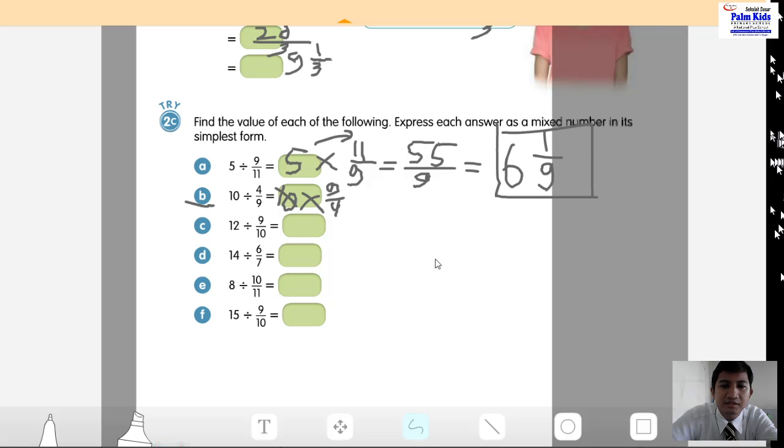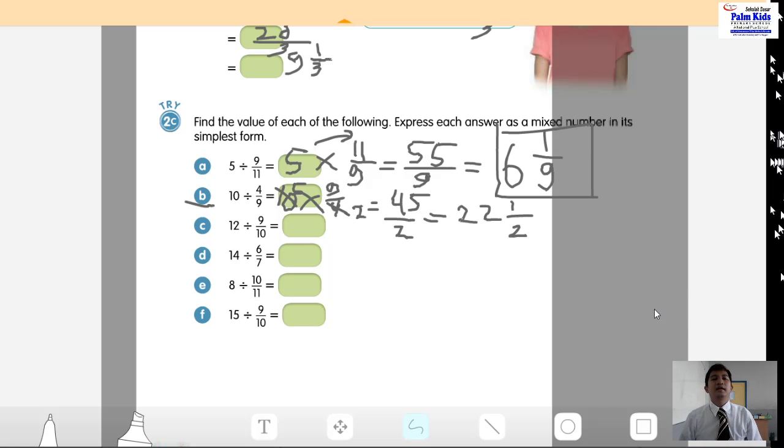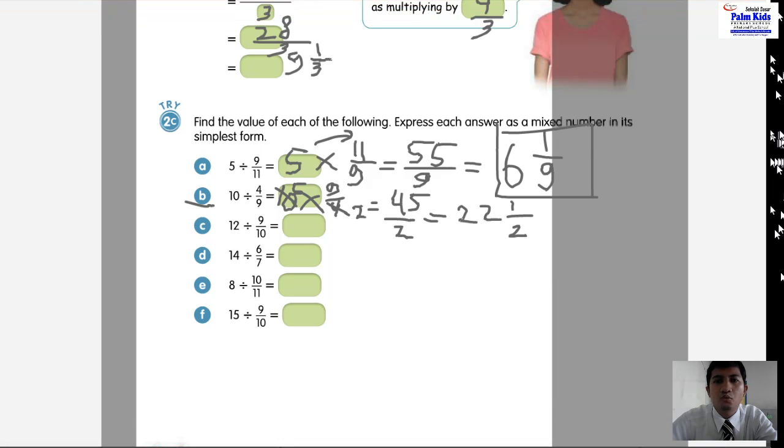Before we divide, we can simplify this by dividing by 2. 10 divided by 2 is 5, and 4 divided by 2 is 2. 5 multiplied by 9 is 45 per 2. 45 divided by 2 is 22, remainder 1 per 2. Don't forget to also try C, D, E, F with the same method.